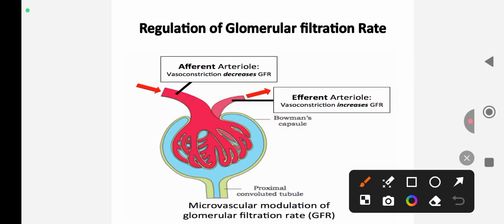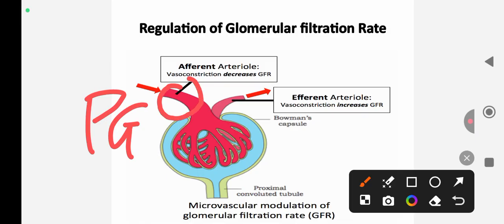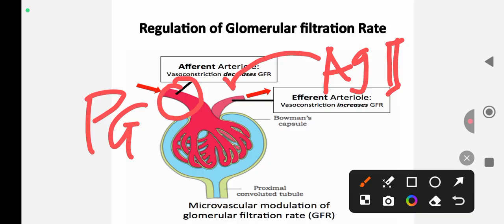And two major substances the kidney produces that regulate this are, first of all, your prostaglandin. Prostaglandin acts on this afferent arteriole to cause vasodilation. The kidney also produces angiotensin 2, which acts on this efferent arteriole to cause vasoconstriction.